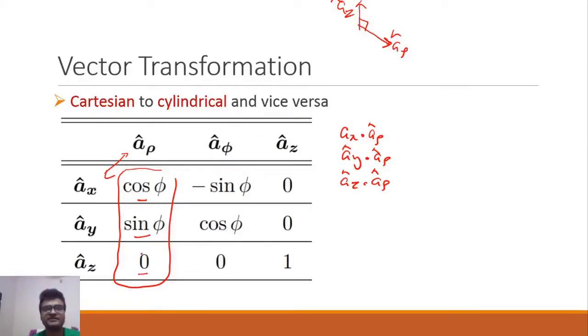We know that in a single coordinate system, all the unit vectors are always perpendicular to each other, but between two coordinate systems, to tell whether they are perpendicular, you have to know their directions. So similarly, this column is giving you the multiplication of Ax, Ay and Az with A rho, and this last column is telling you the multiplication of Ax, Ay and Az with Az.